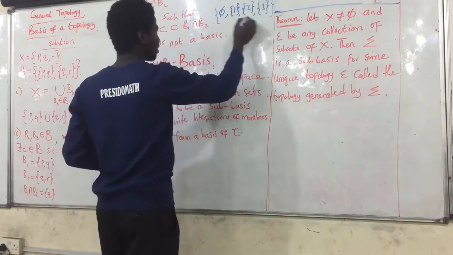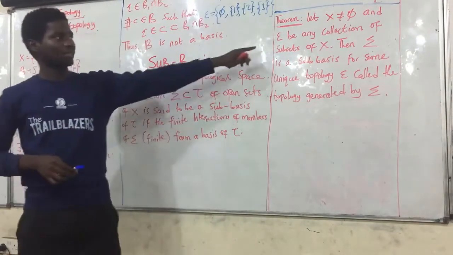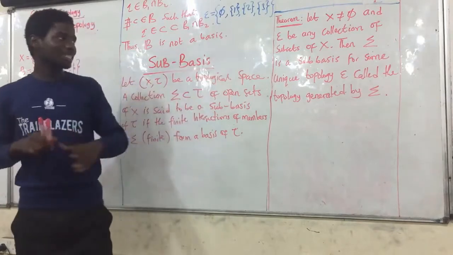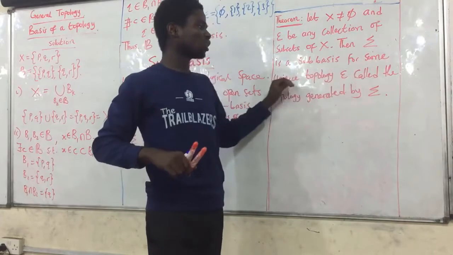Now, you see that I put them inside another set. I now call this set epsilon. Do you understand? Then we say that this one is a sub-basis for some unique topology.